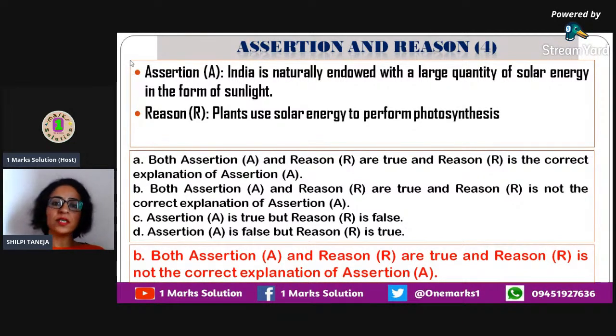There is a process in which plants prepare their food in the presence of sunlight. So that is also true. But this is a definition of photosynthesis, not the explanation of assertion. So both the statements are true, but reason is not the correct explanation of assertion. So we'll go for option B in this.